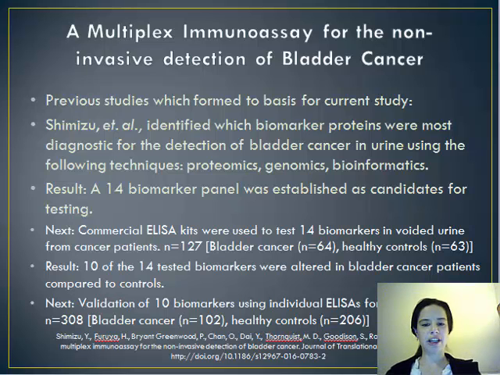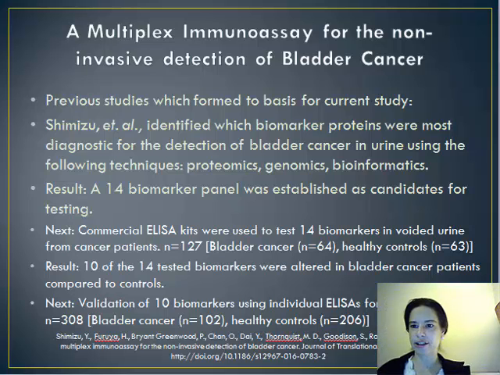From those 14, this group took some commercial ELISA kits and tested voided urine in cancer patients, with a sample set of 127 patients. Quite surprisingly, they did a very good job with the proteomics, genomics, and bioinformatics of identifying the best biomarkers, because 10 of the 14 were actually altered in the cancer patients compared to the healthy controls.